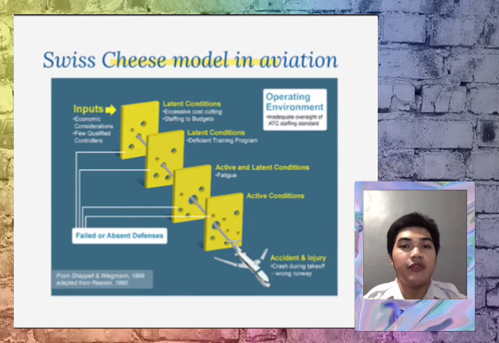Okay, so let's move on to the fourth and last layer of cheese, which is the layer of unsafe acting. From the word itself, unsafe acting means risky action of the mechanic. For example, I am the mechanic and I'll be conducting a pre-flight inspection on a Cessna 152 aircraft.